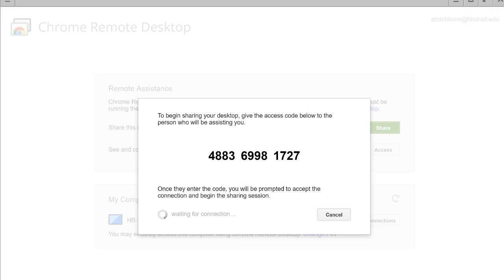This is the Google Chrome remote desktop. All right, Ben, 12 digits. Here we go. 4883. Oh no, access. No, not share. Okay, 4883. 6998. 1727.